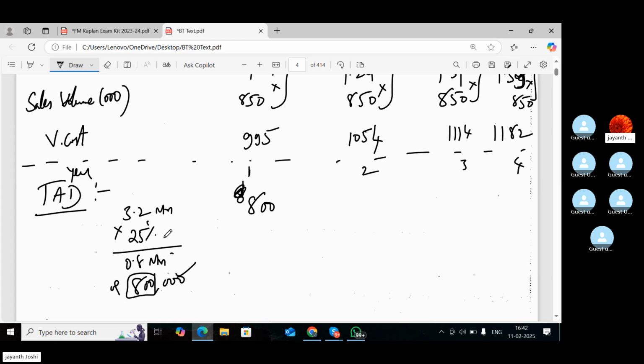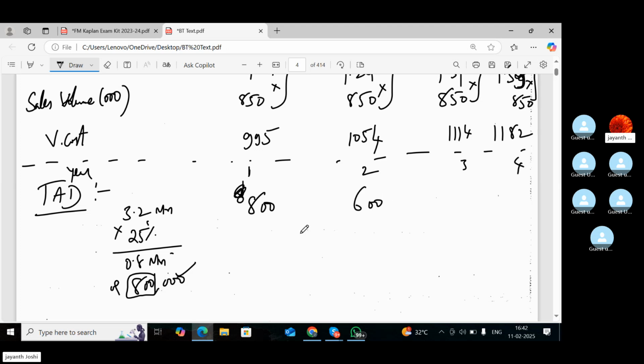Okay. Again, 3.2 million minus 0.8 million, 2.4 million into 25%. It is going to be 600,000.